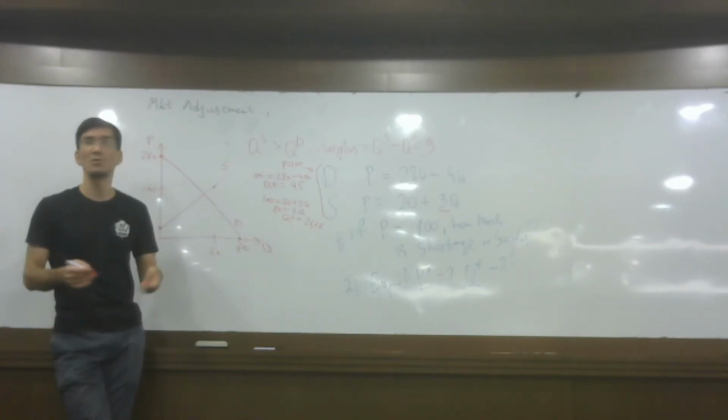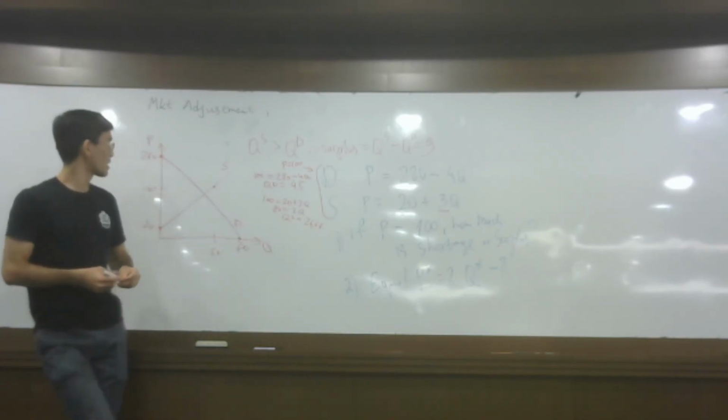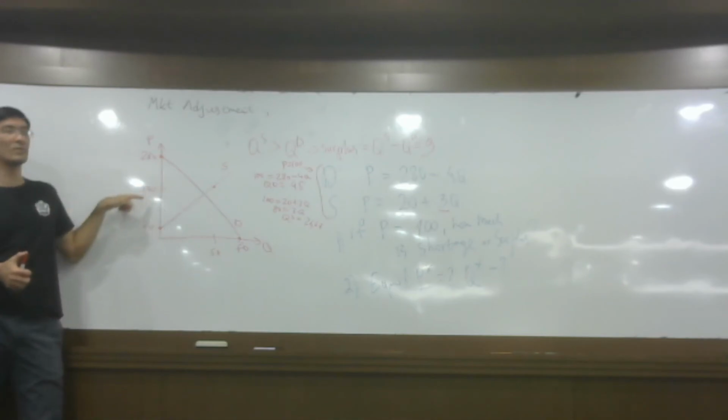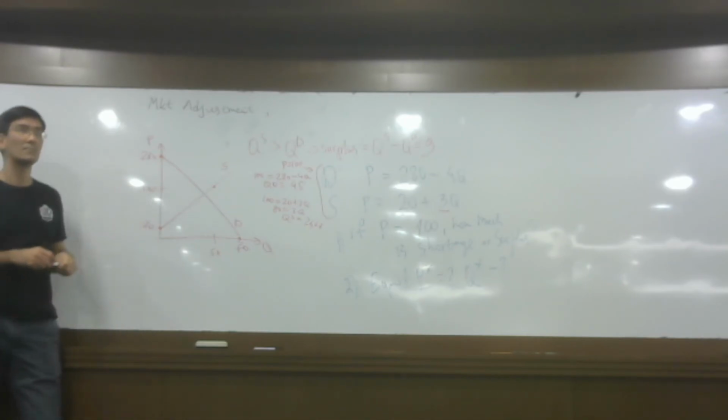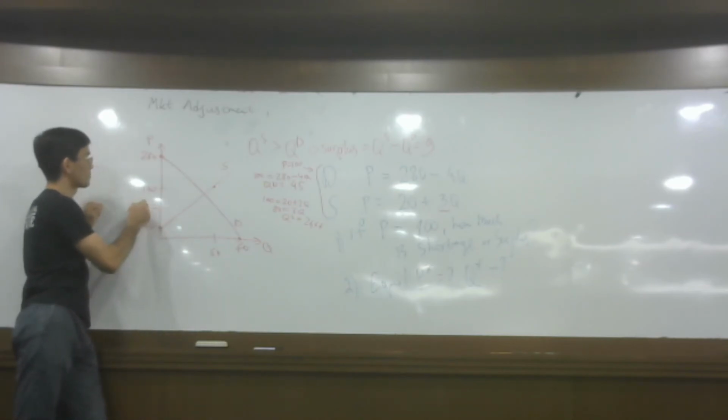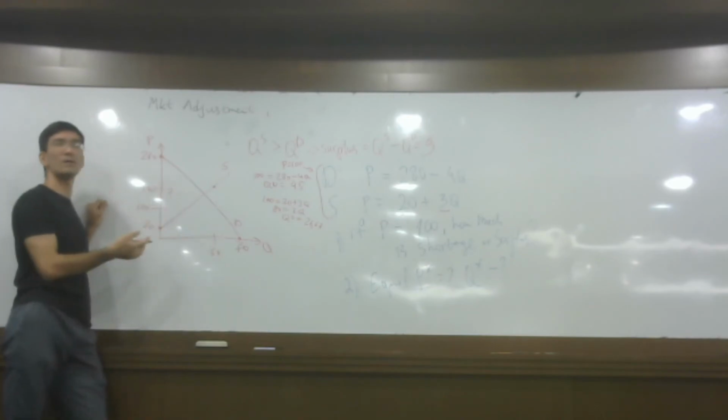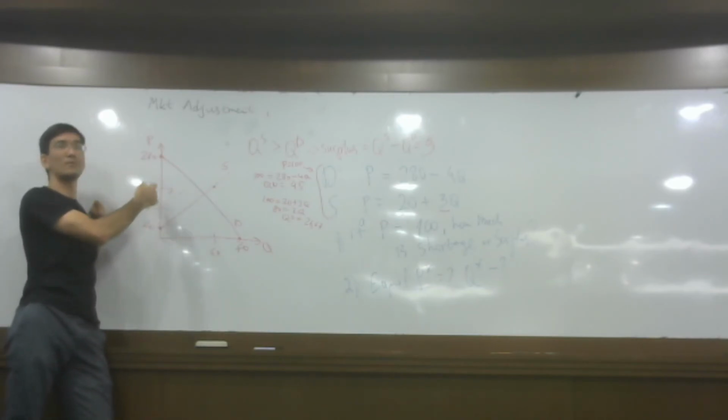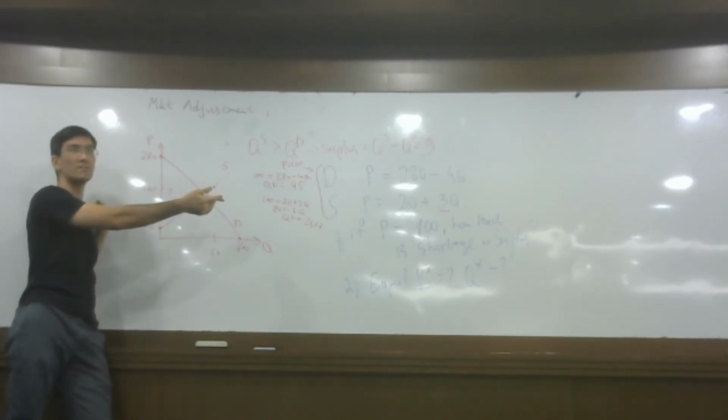So quantity demanded exceeds quantity supplied. Do I have a shortage or a surplus? Shortage. And is our price actually below equilibrium or above equilibrium? It's below, because we have a shortage. So the price of 100 is somewhere below equilibrium, even though we don't really know where that equilibrium is yet. We know the 100 is below that because we have a shortage.